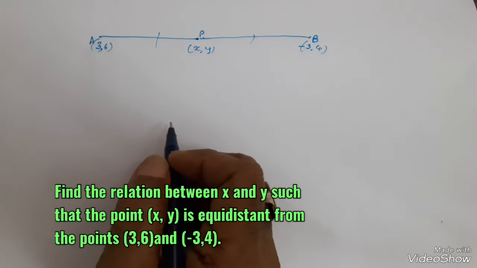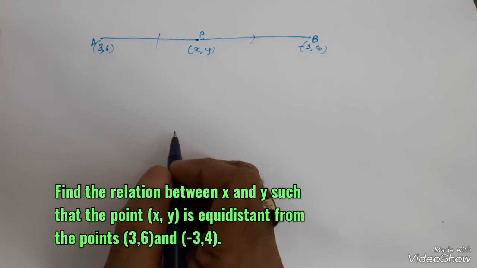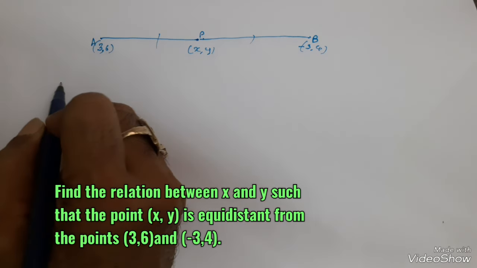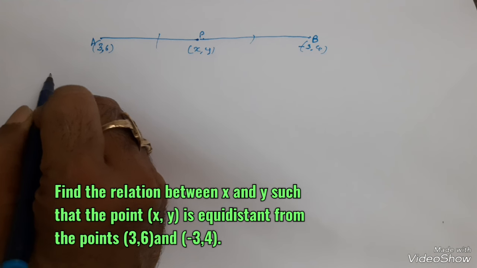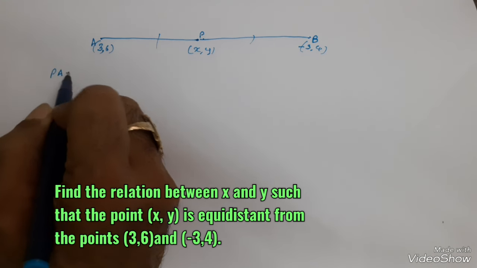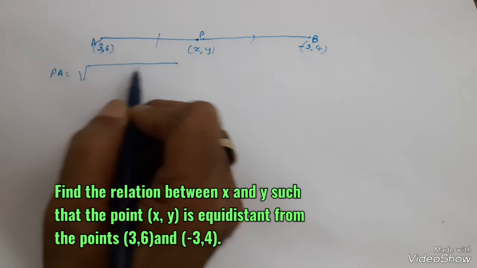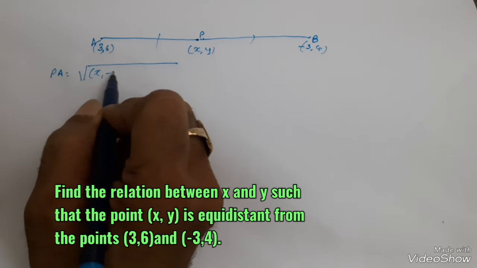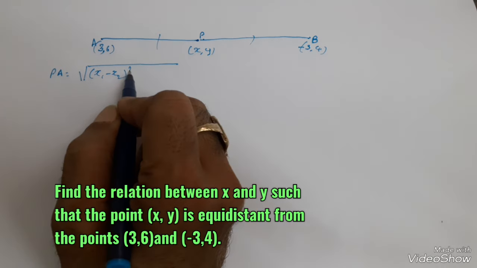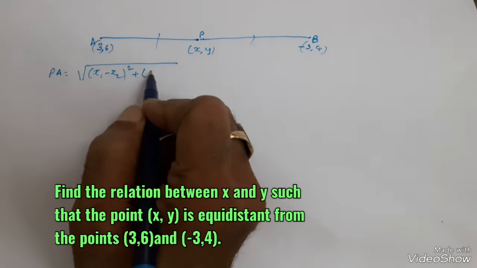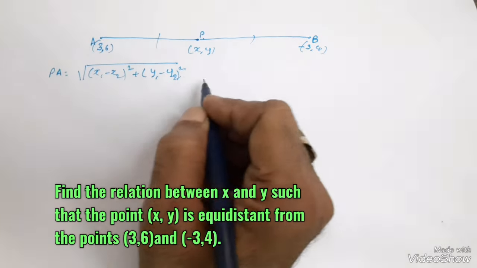Then what is the relation between x and y? For this, first you find PA, taking the distance formula. So PA equals, what is the distance formula? Square root of (x1 minus x2) whole square plus (y1 minus y2) whole square.